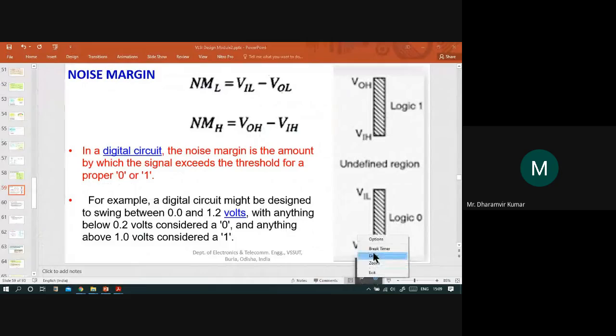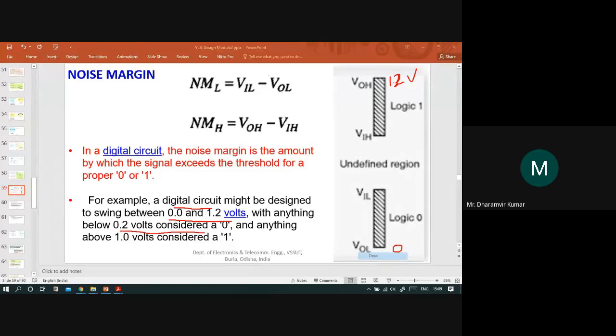For example, a digital circuit might be designed to swing between 0.0 and 1.2 voltage. In that case, VOL will be 0 voltage, and VOH is 1.2 voltage, with anything below 0.2 voltage considered as 0.